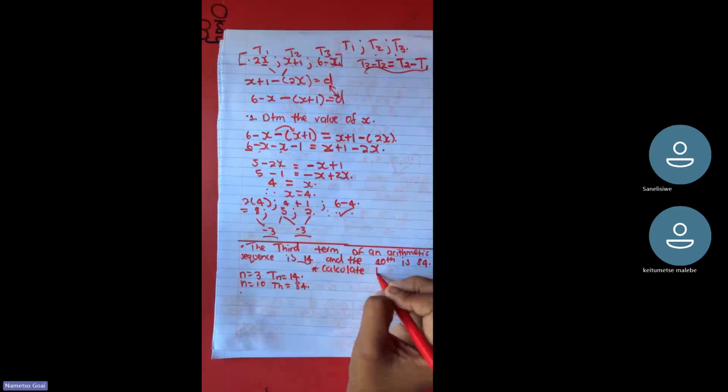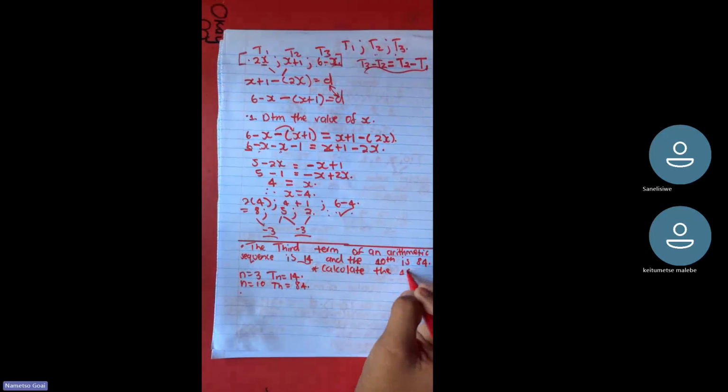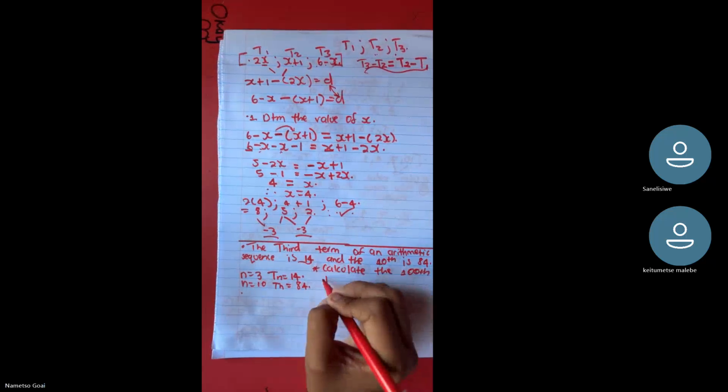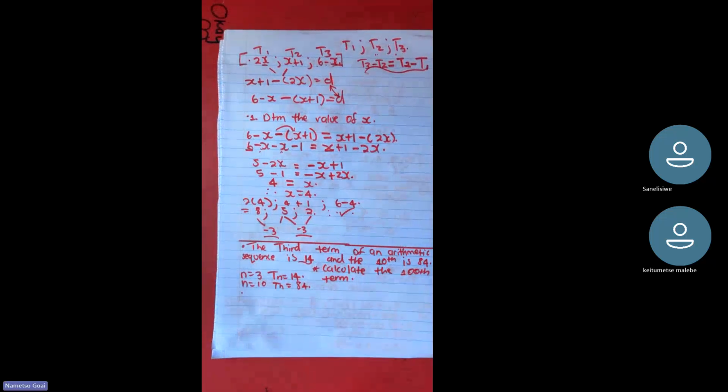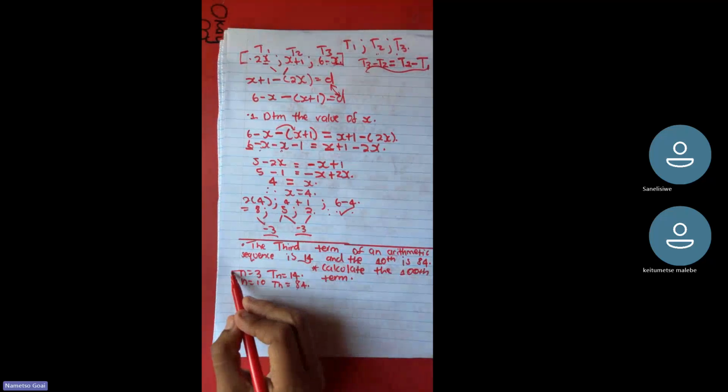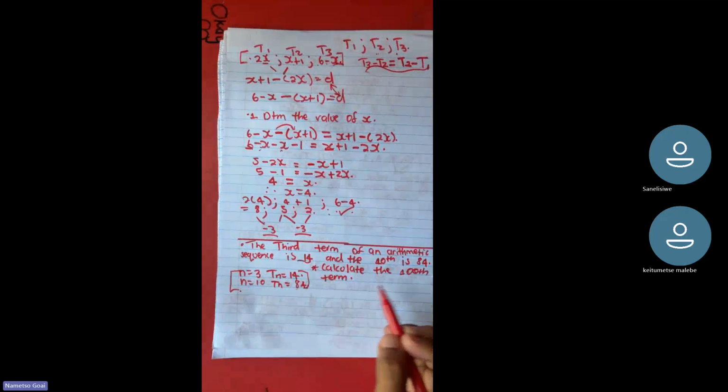Calculate the 100th term. So again, they're saying the third term is what? 14. The 10th term is 84. So from all this information that they've just given us, they're telling us to calculate the 100th term.